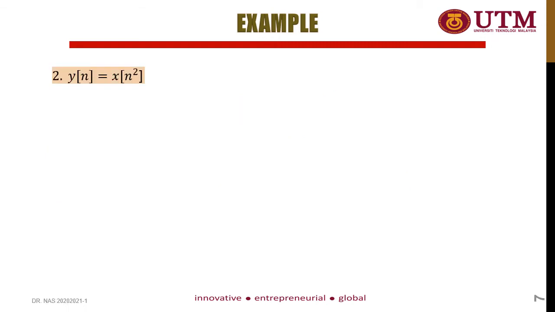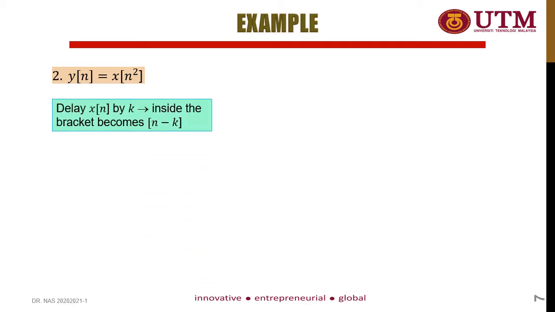And let's look at the second example. This is for the discrete time system. First step, delay the input signal inside the bracket by k. In this case, the input signal is x(n) squared inside the bracket. So y(n) delayed by k equals x(n squared minus k). So this is the first equation.